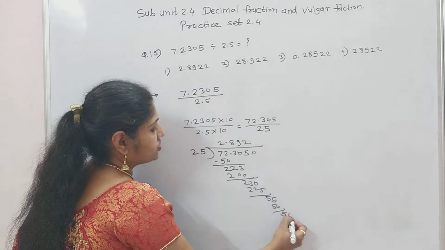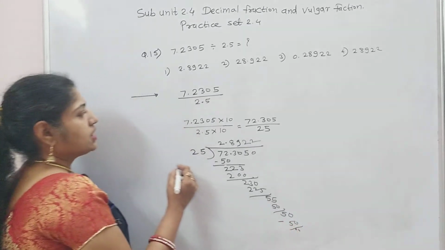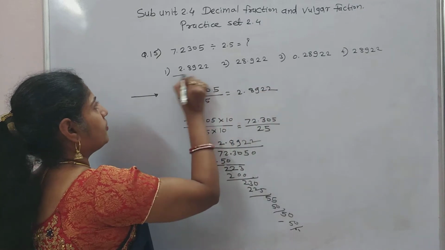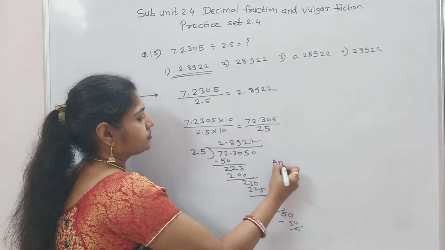Now take a 0 again. 25 2s are 50. So our answer is 2.8922, option number 1.